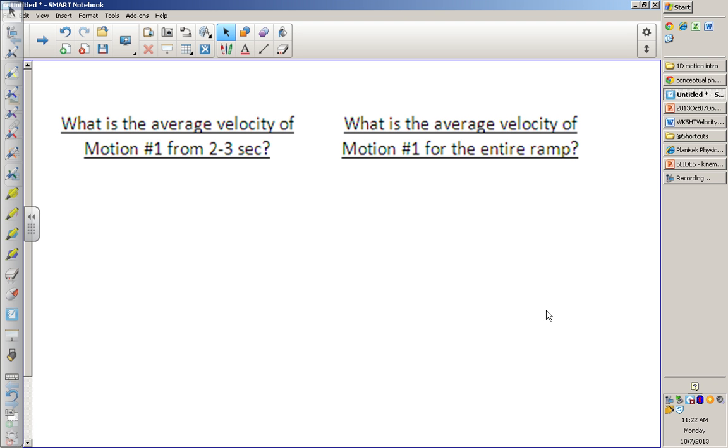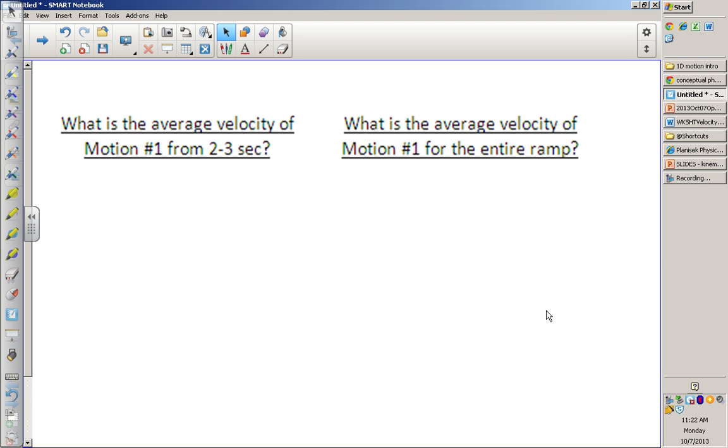We know what the velocity at 2 seconds was, right? It was equal to what? And then we also know what the velocity at 3 seconds was. It was 6 meters per second.